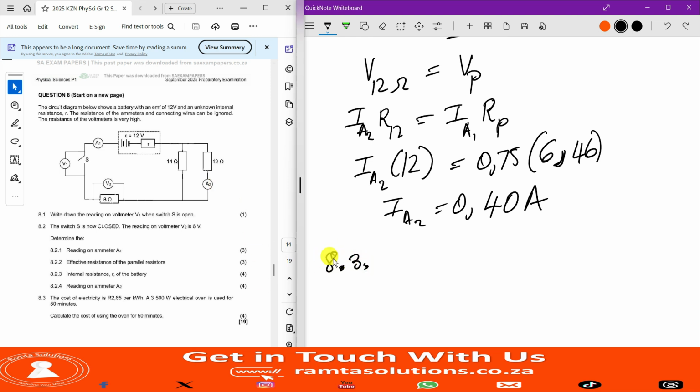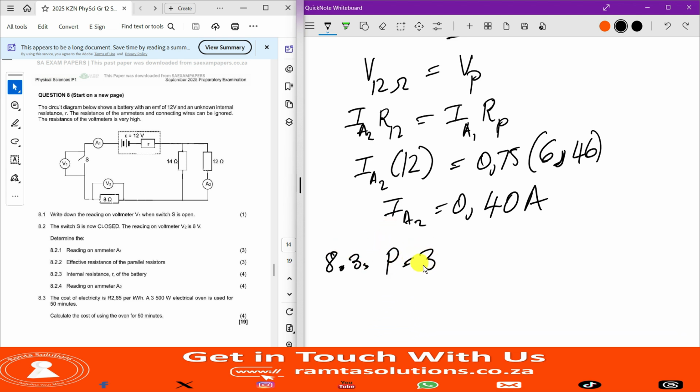8.3. The cost of electricity is 2 rand 65 cents per kilowatt hour. A 3,500 watts electrical oven is used for 50 minutes. Let's look at our power rating.